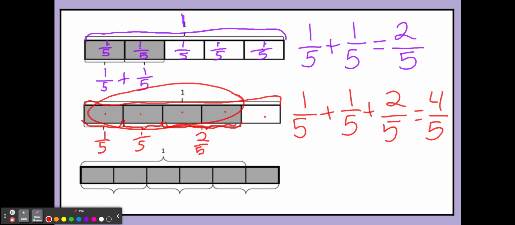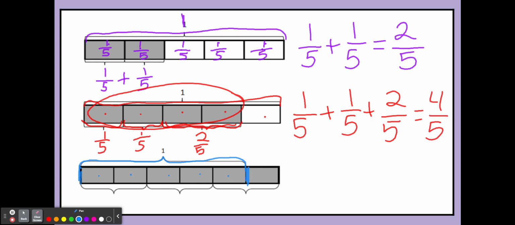On the last one, you have to pay attention to this. This bracket right here is 1. So one whole stops there. So here there are still 1, 2, 3, 4, 5 pieces in the whole.